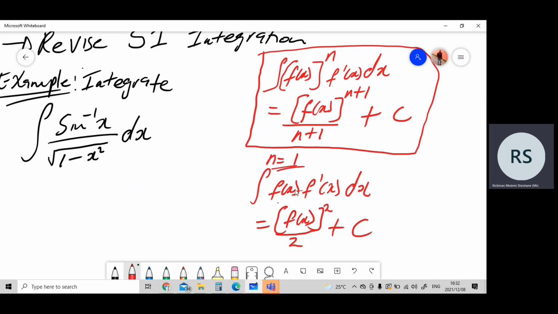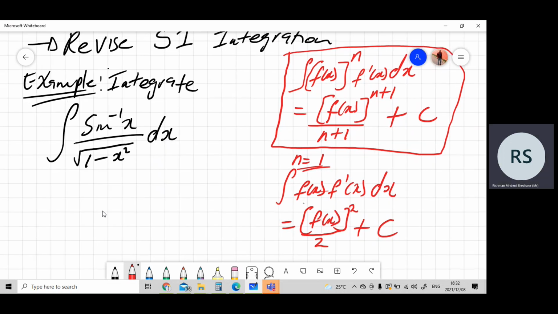So you can use just this simple formula, and the integral is f of x to the power of 2 over 2, plus c. Okay, let's go back to our problem.